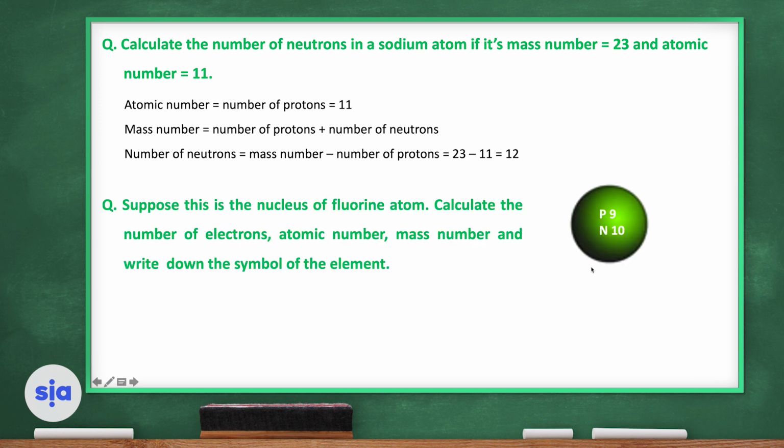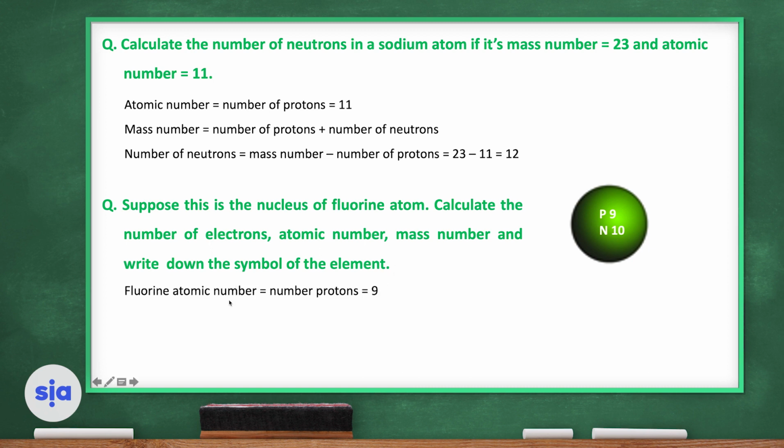Now, suppose this is the nucleus of a fluorine atom with 9 protons and 10 neutrons. Can you calculate the number of electrons, atomic number, and mass number, and write down the symbol of the element? By the way, it's very easy.